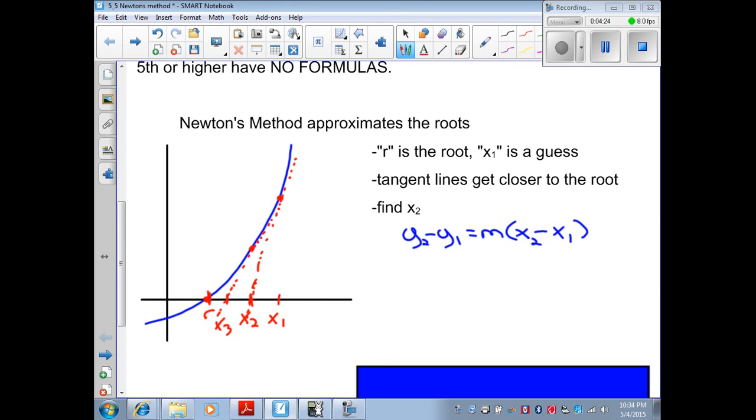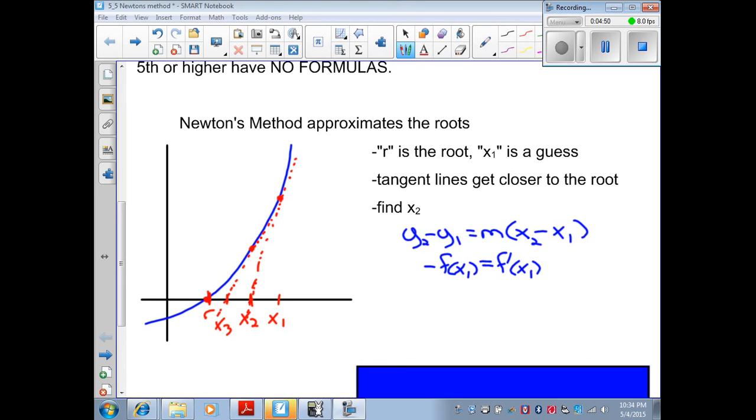Okay, if I wanted to find x2 on this, that means x1 and y1 are given. They're pretty straightforward. If I were to do it in function notation, I'd write it this way. y1, that's f at x1. Okay. The slope, that's the slope of the tangent. So it's f prime at x1.